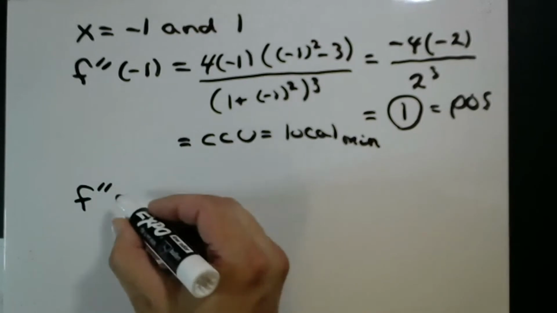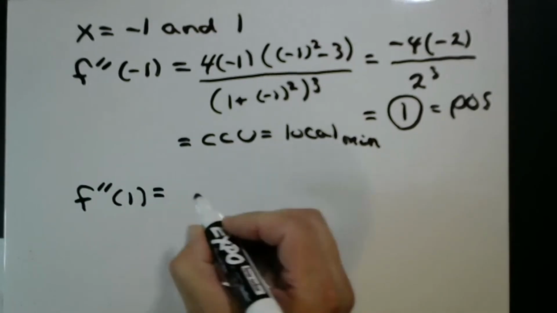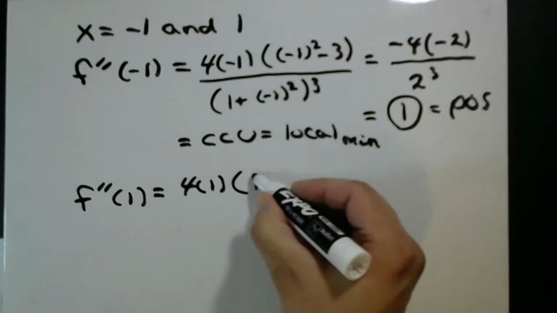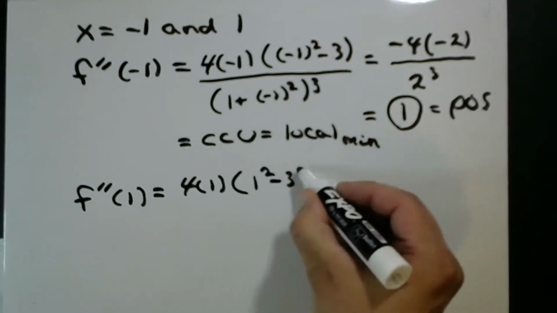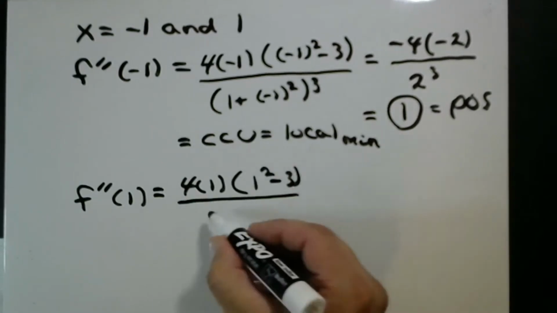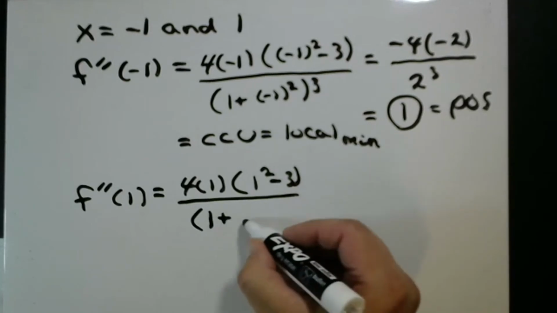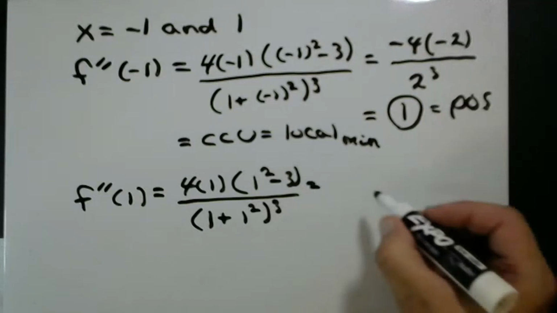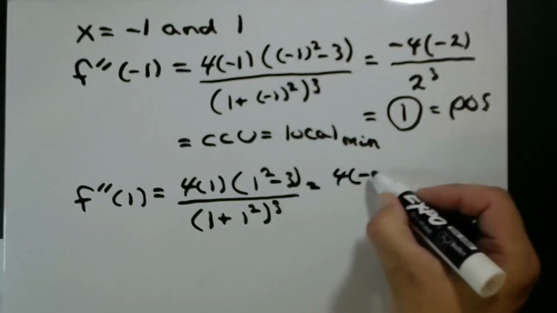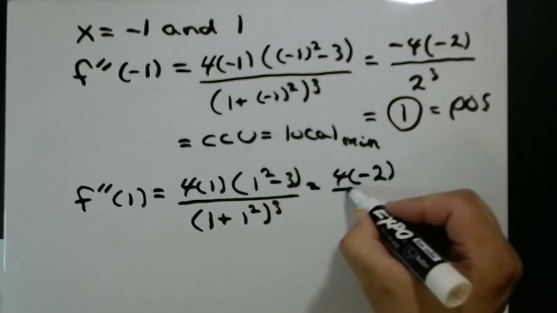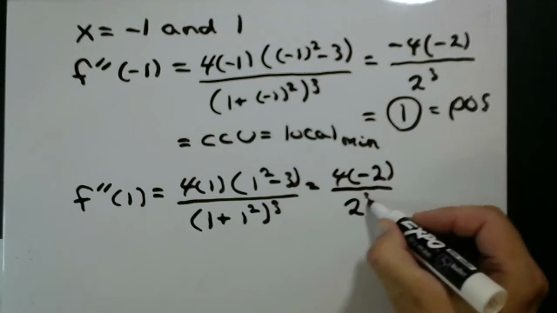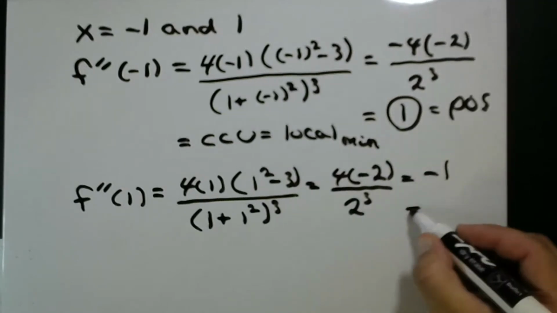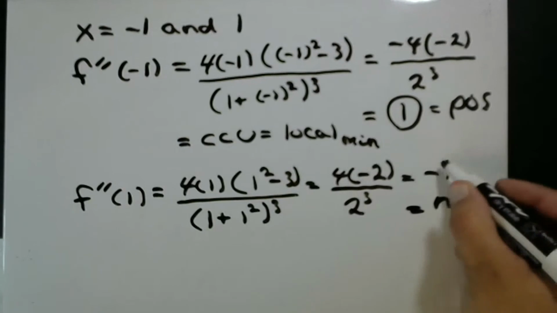Now, f double prime of 1, and we'll get 4 times negative 2 over 2 cubed, which is negative 1, which is negative.